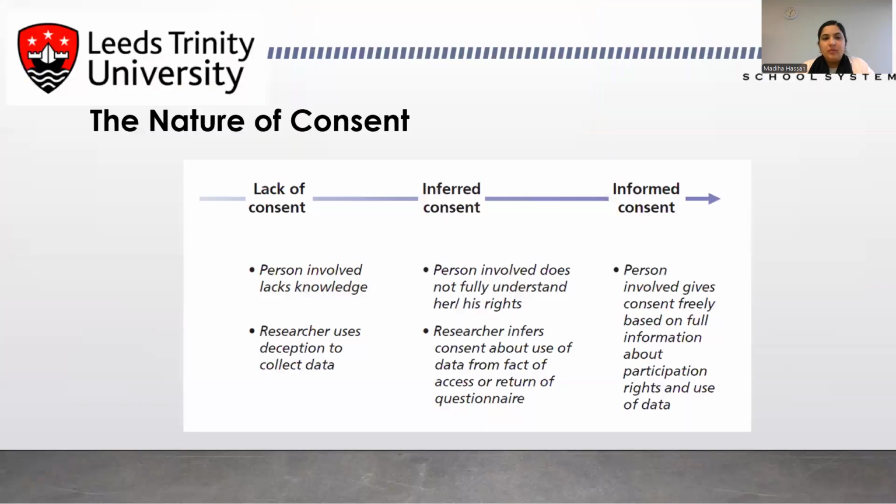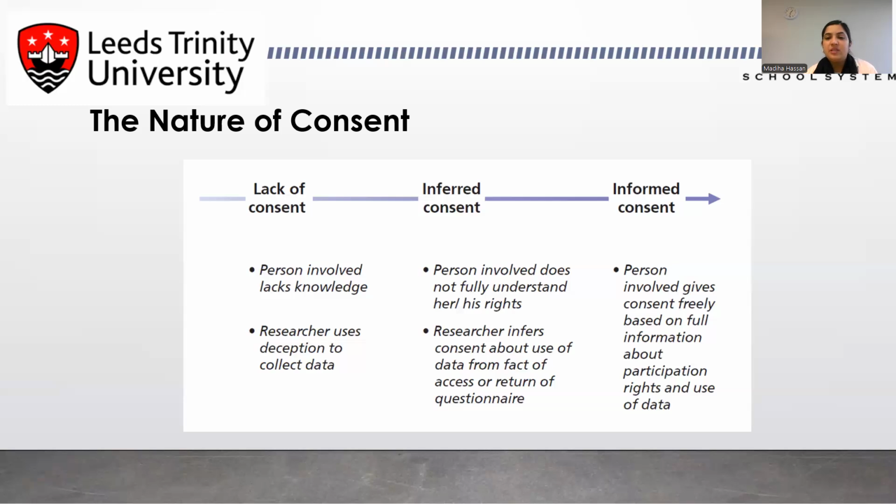Okay. The nature of the consent: you can completely avoid the consent, or have consent which is partially not right, or informed consent. Okay. So lack of consent is you have not asked about their consent and are just asking them questions, and you have not told them that, oh, this will be used in the research.